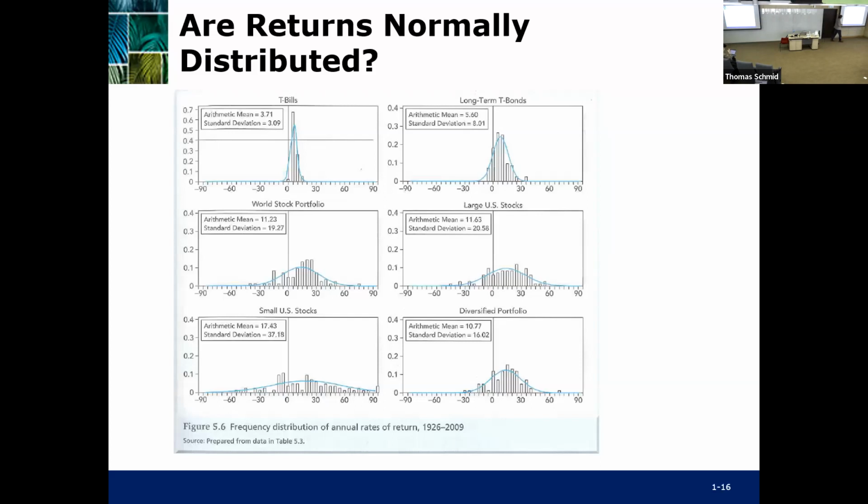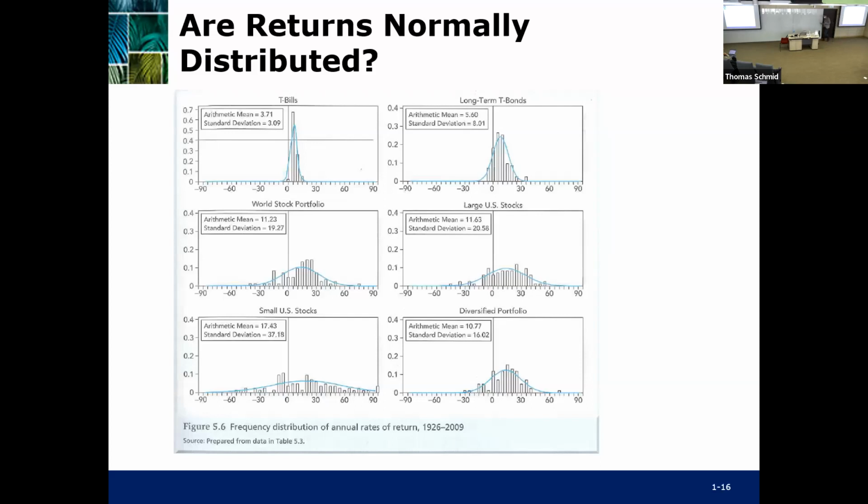So these bins are the historical distribution of the returns. The higher the bin, the more returns are in that bin. Simply using historical data of the past 90 years. And then in blue, they try to fit a normal distribution to that. And then they want to see how accurately the normal distribution describes these black bins.